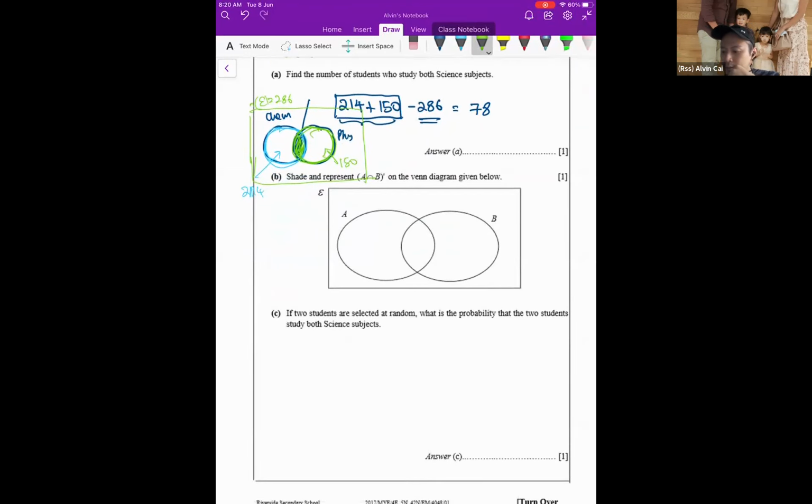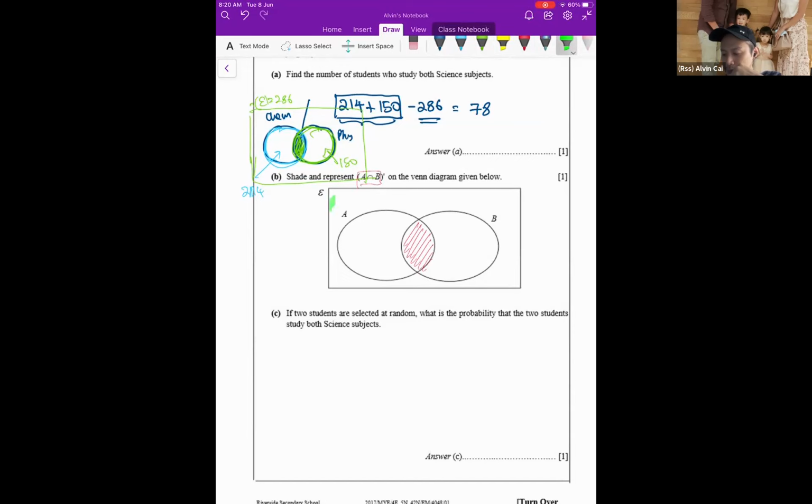So for the second part, we are supposed to find (A intersect B) complement. First I'm going to use red color. I'll do the one that's inside first. A intersect B is this part, right? So (A intersect B) complement will be anything that's outside here.